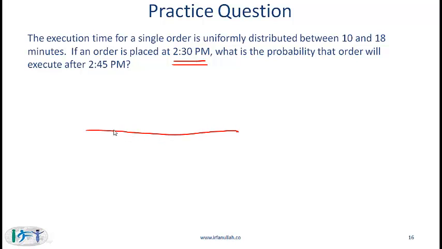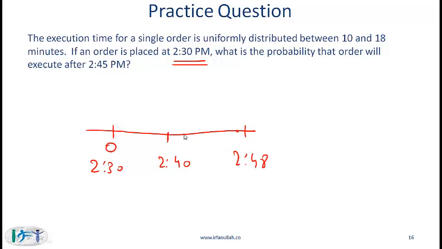Let us say that we are currently at time 0. So the order is placed at 2:30. Now the order will take place between 10 and 18 minutes, and we have a uniform distribution. So that means that the order will execute somewhere between 2:40 and 2:48.